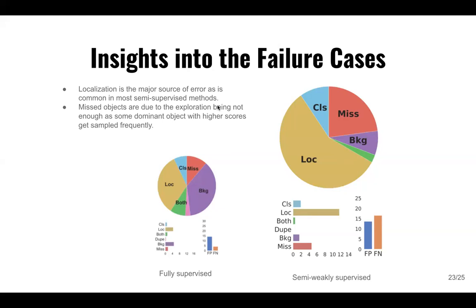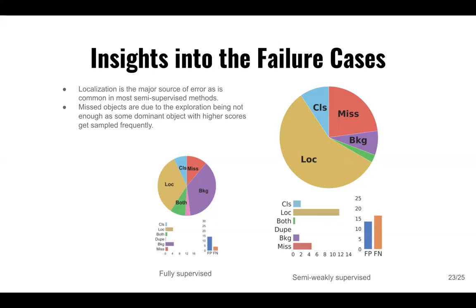Missed objects, I think we expect, are probably because the sampler is failing in some locations, in the sense that the scores we are accumulating with the heat map that I have shown here, if there are many instances of the same class, then some of the dominant objects can basically accumulate all the scores.